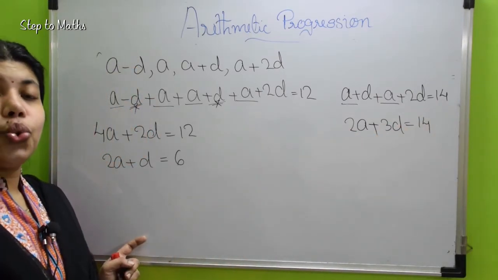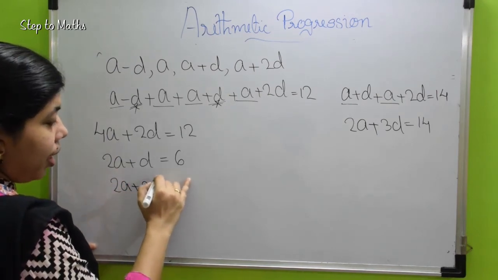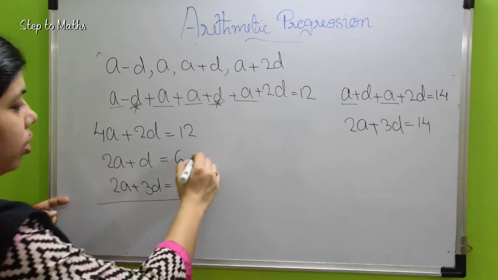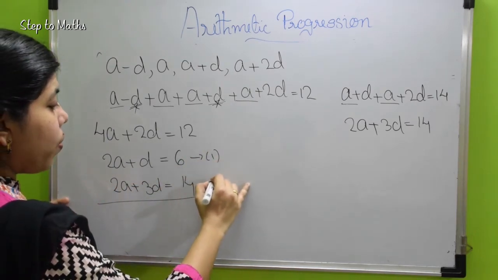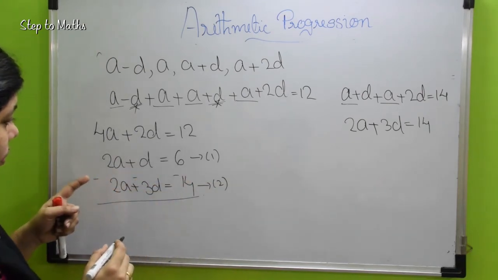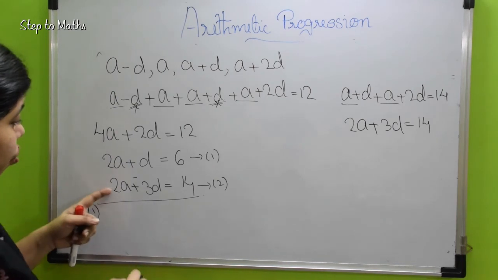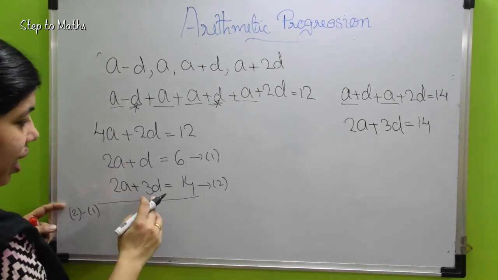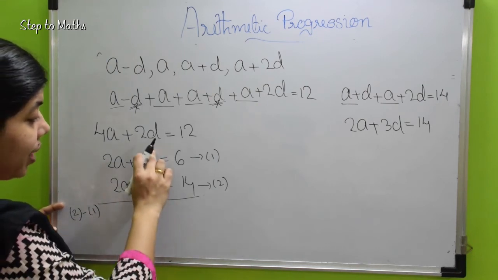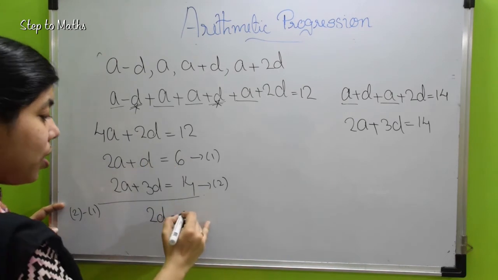We label 2A plus D equals 6 as equation 1 and 2A plus 3D equals 14 as equation 2, and we subtract equation 2 minus equation 1. 2A minus 2A gets cancelled, 3D minus D is 2D and 14 minus 6 is 8.